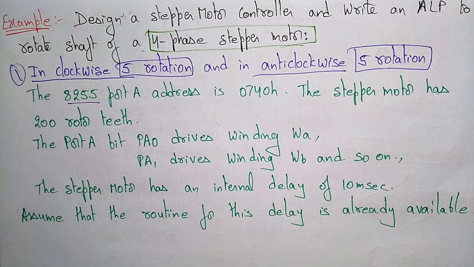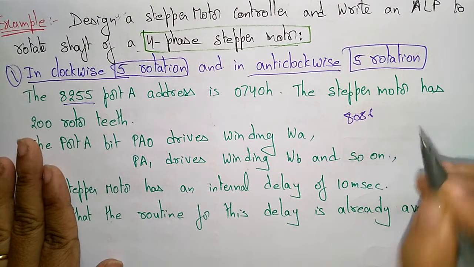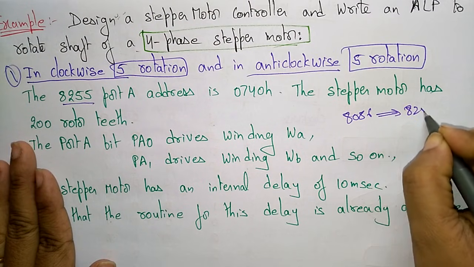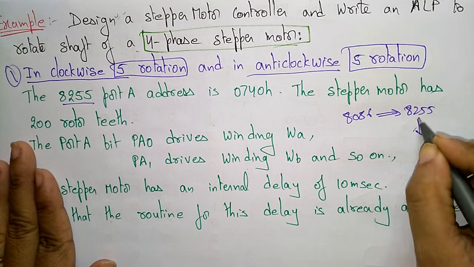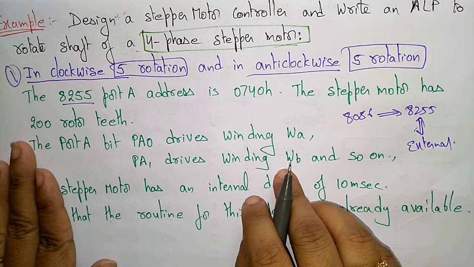So the 8255 is acting as an interfacing circuit for all external devices to the 8086 microprocessor. It is acting in between. If you want to connect to the 8086, first you have to connect to the 8255. Then only the external devices will connect to this.